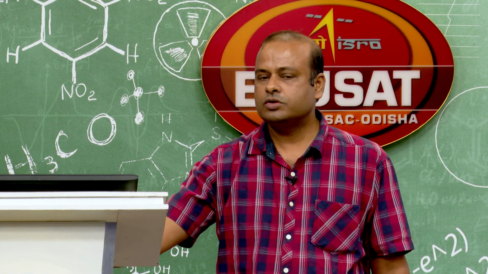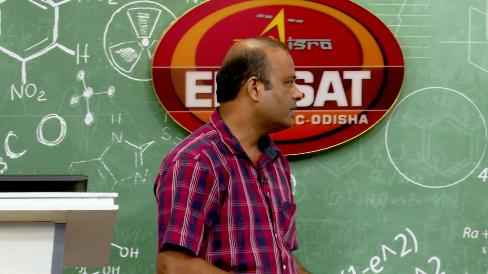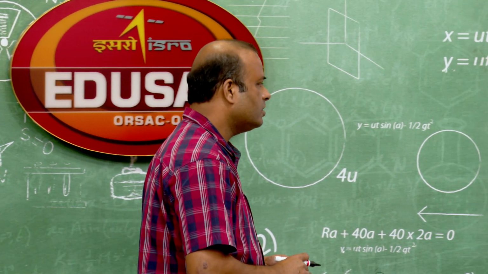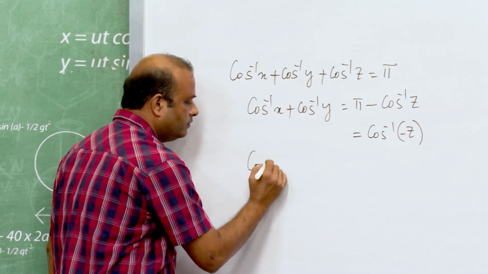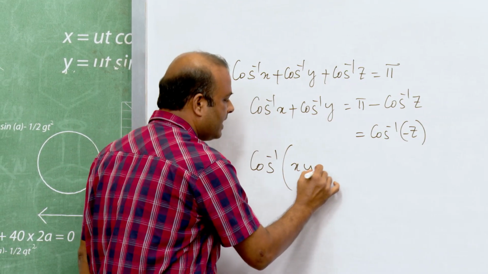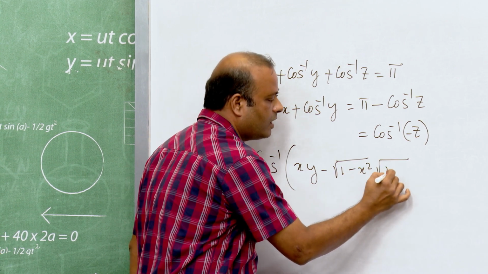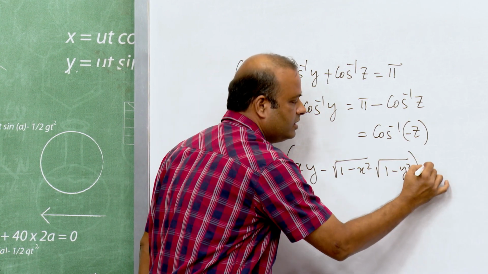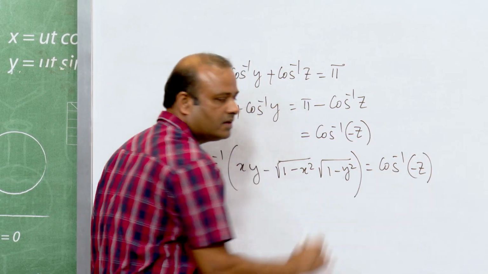So now use the formula for cos inverse x plus cos inverse y. So cos inverse x plus cos inverse y is equal to cos inverse of xy minus root over of 1 minus x square, root over of 1 minus y square, is equal to cos inverse minus z, right?